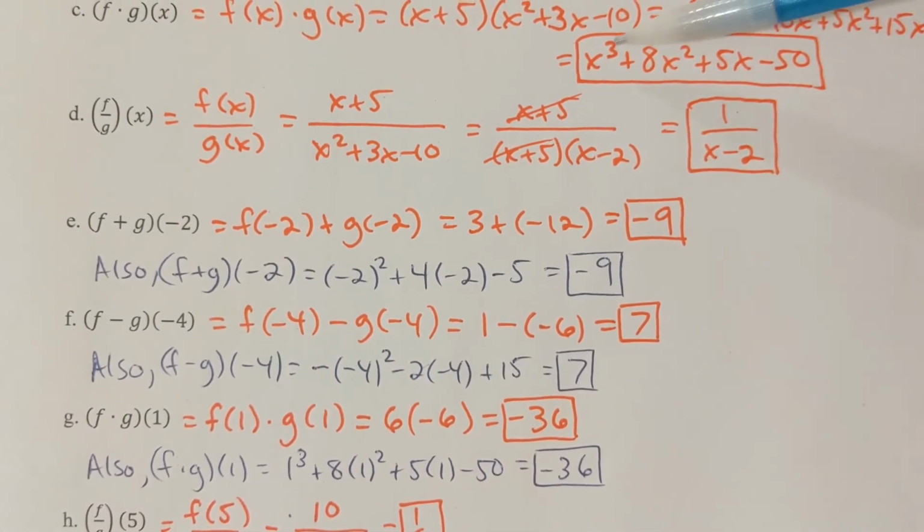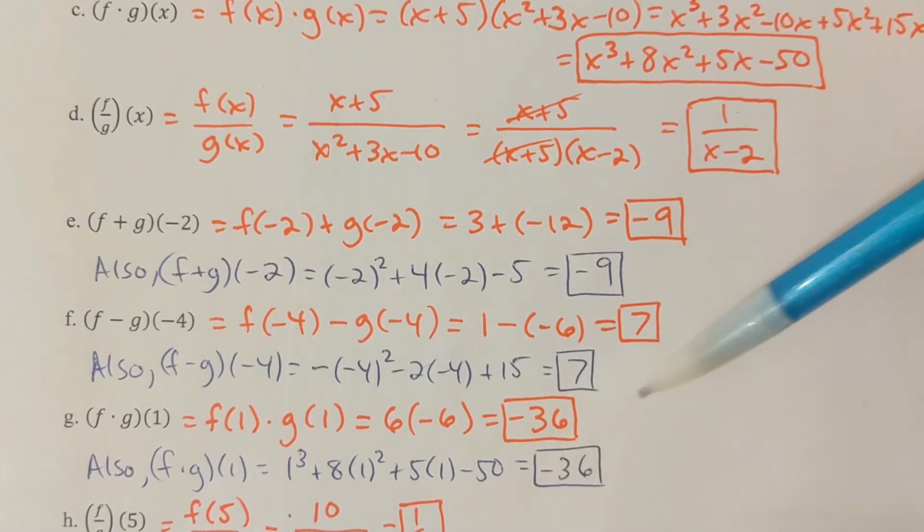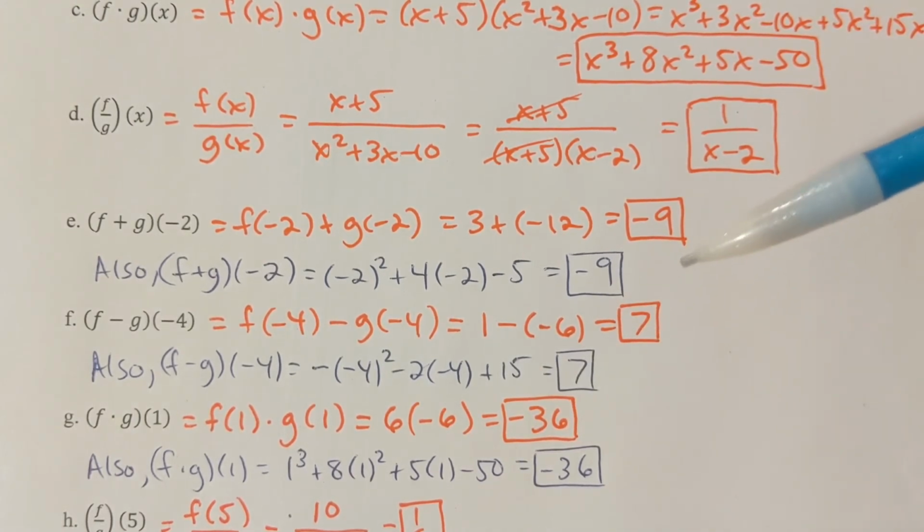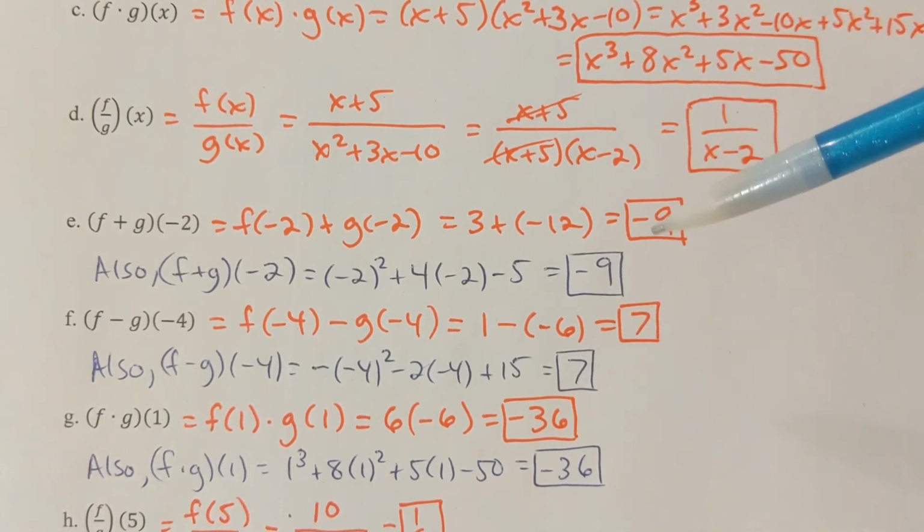So 1 cubed is 1, plus 8 is 9, plus 5 is 14, and then minus 50 would still give me negative 36. Either way, as long as you're getting the right number, I wouldn't care where you're inserting it.